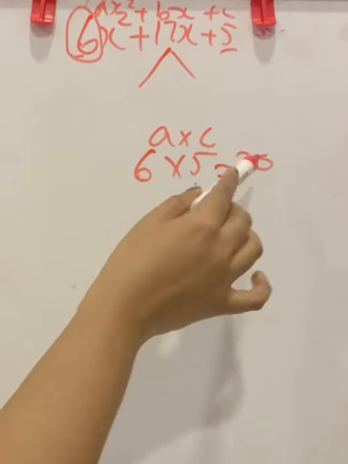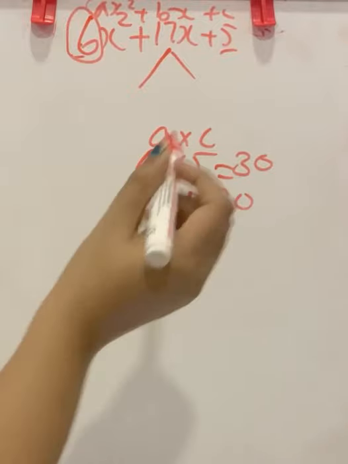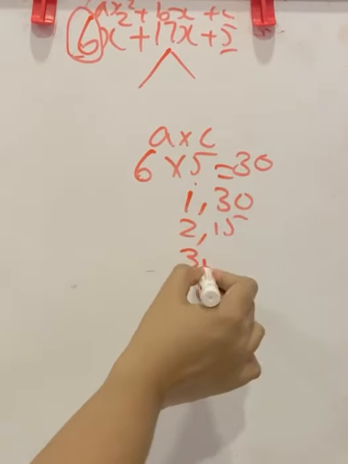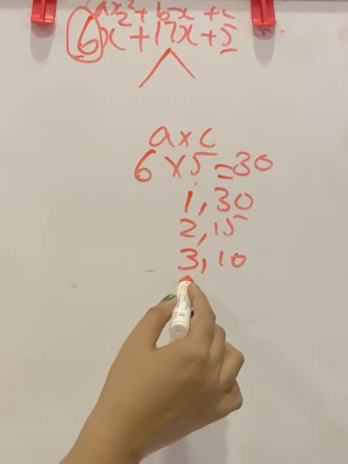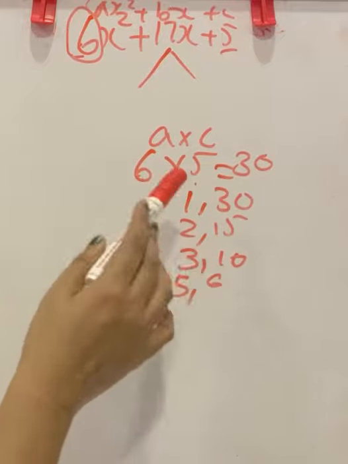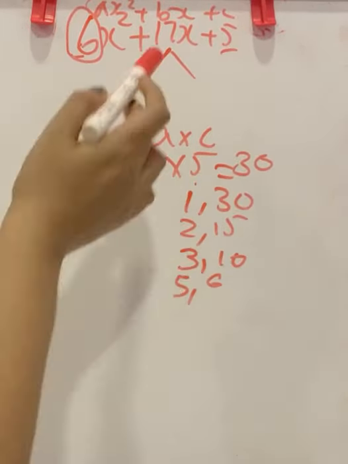Now write each and every factor pair of 30. That is 1 into 30 is 30. This is one pair. 2 into 15 is 30. 3 into 10 is 30. Then 5 into 6 is 30. Now check which of these pairs results, after addition or subtraction, in 17.